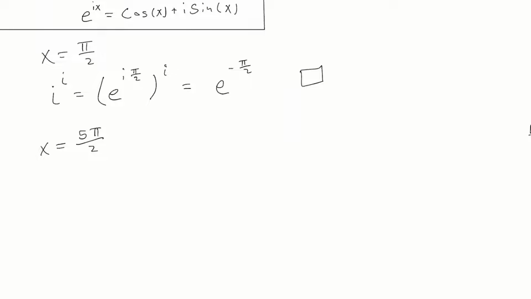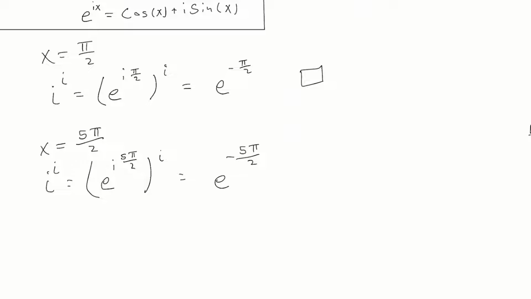so the right-hand side of that equation is still i, but now the left-hand side is e to the i 5 pi over 2. Let's do the same thing we did before. We raise to the i-th power, and i times i is again -1, so we get e to the minus 5 pi over 2.